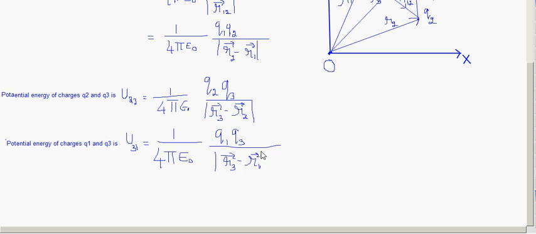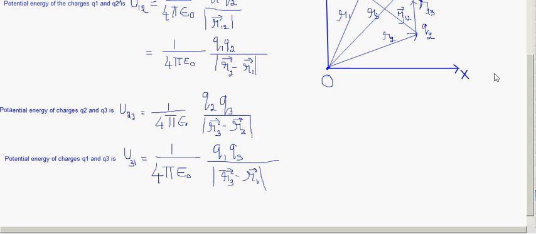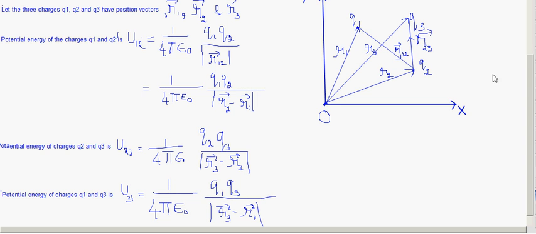So here the distance between charges 1 and 3 is R13. This is the vector R13. So we have R13, R12, R23.